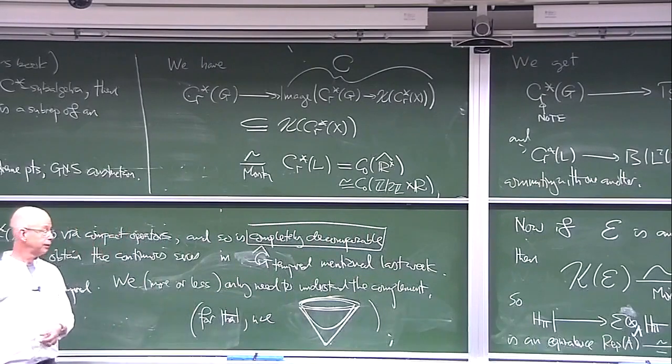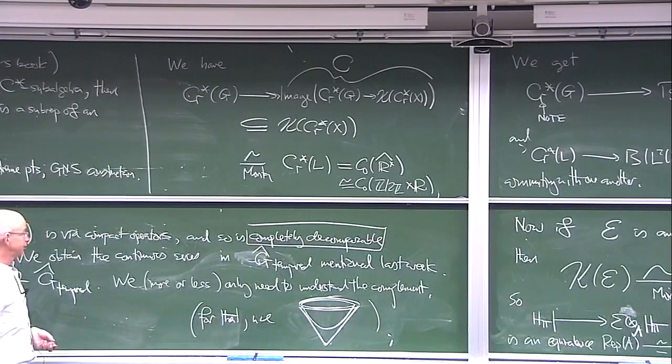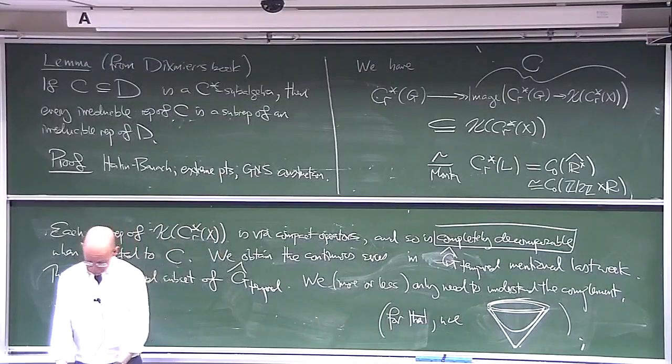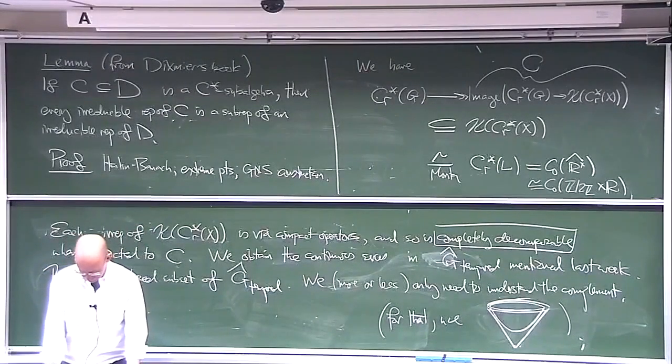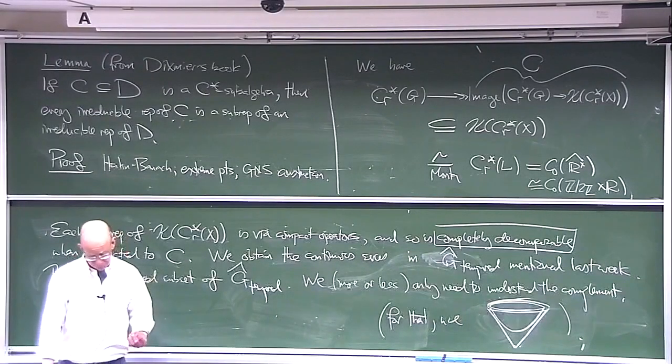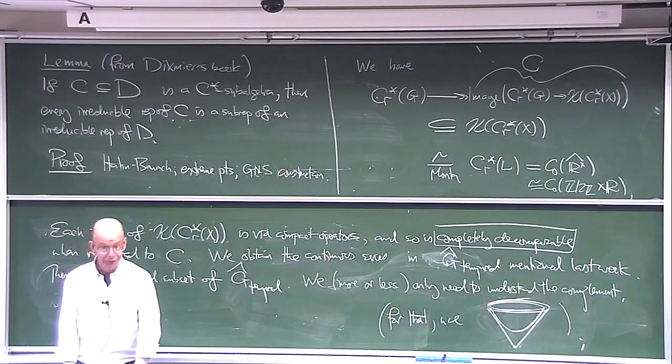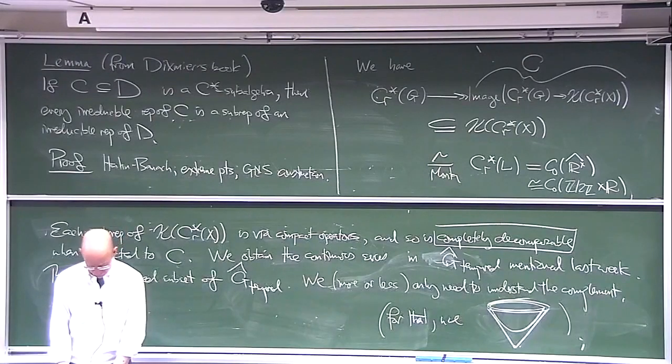There are no crazy representations of this algebra. Even though it's extremely elementary, I think these are important points. I hope it tells you something about the value of this concept of C-star module.